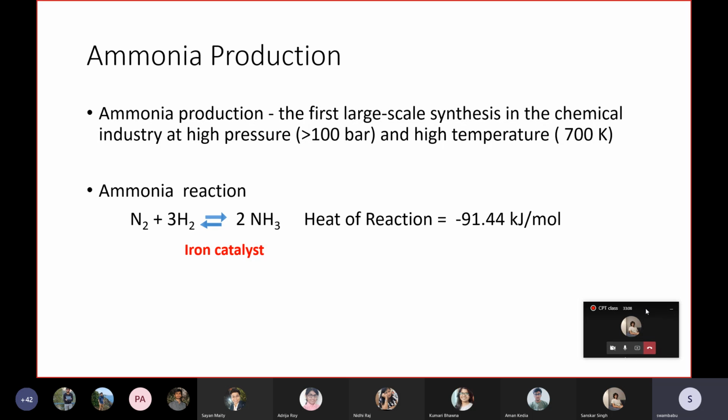Many people say startup, startup, but almost in 1908, Haber and Bosch invented a chemical reaction, constructed a chemical process, erected an industry, commercially produced ammonia, supplied it, and they own the patent. The royalties are going to their family members even after 100 years. So that is the thing.